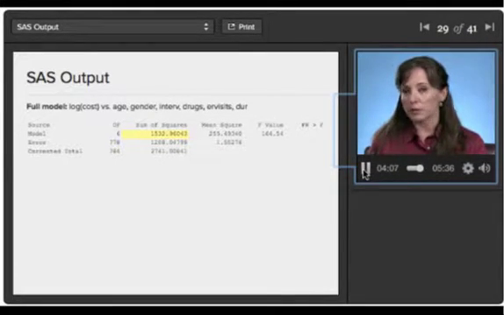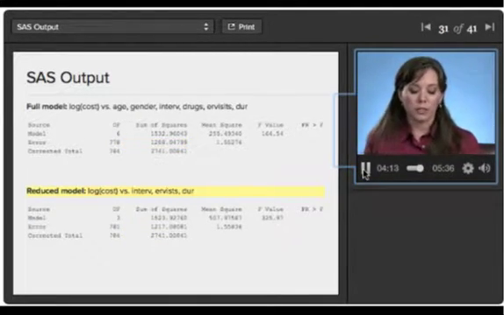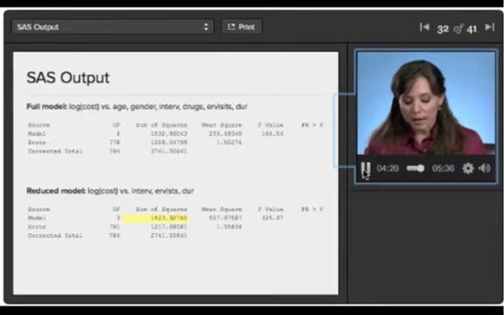The sum of squares for the error is 1,208. If we look at the reduced model, which is log cost versus the number of interventions, the number of visits, and duration, we see that the sum of squares for that model is 1,523.92, and the sum of squares error for that particular reduced model is 1,217.